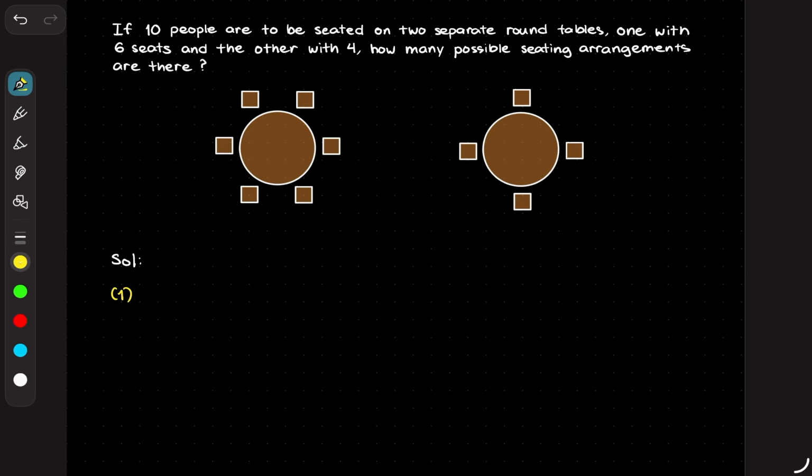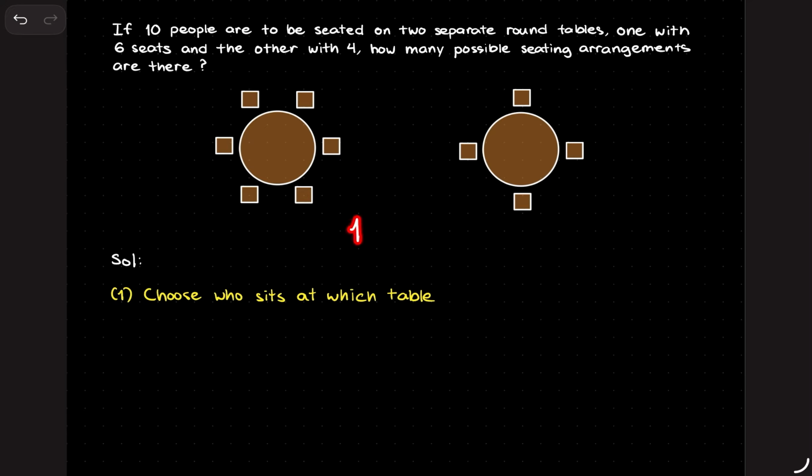So let me write that one down. That is, out of the 10 people that we have here, how would we allocate 4 of them to the 4-seater table, and how would we allocate the rest of them to the 6-seater table?